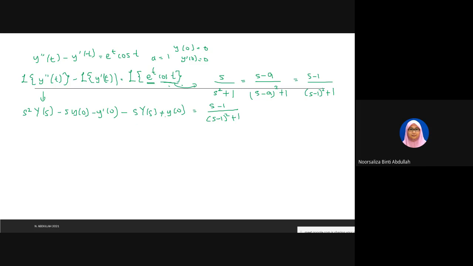Okay, so y(0) is 0, y'(0) is 0. So now you have s square Y(s) minus s Y(s) equals to (s minus 1) divided by (s minus 1) square plus 1. Okay, and then we factorkan Y(s). So Y(s) we have here is s square minus s equals to (s minus 1) over (s minus 1) square plus 1.